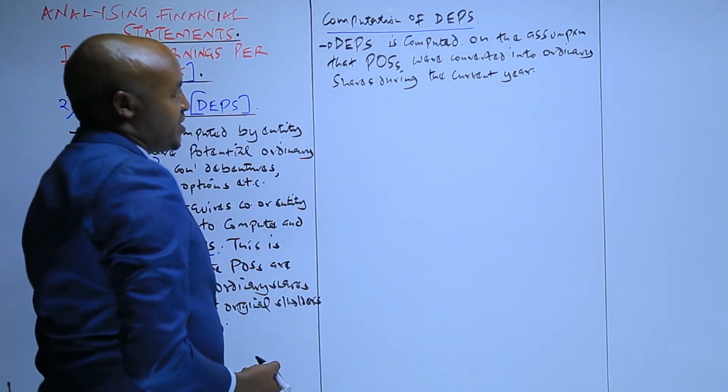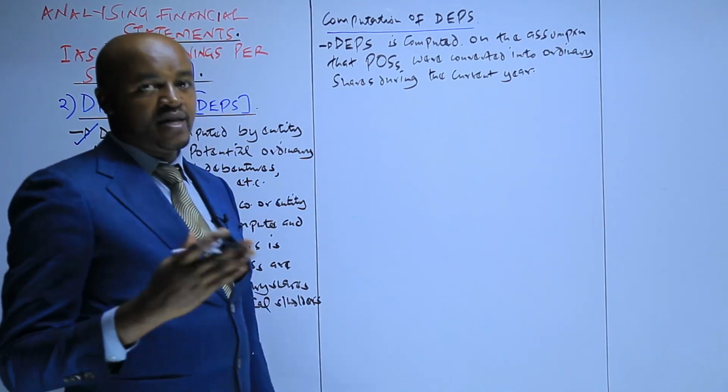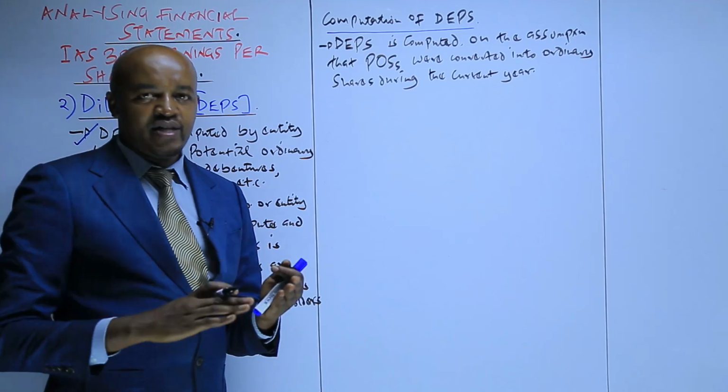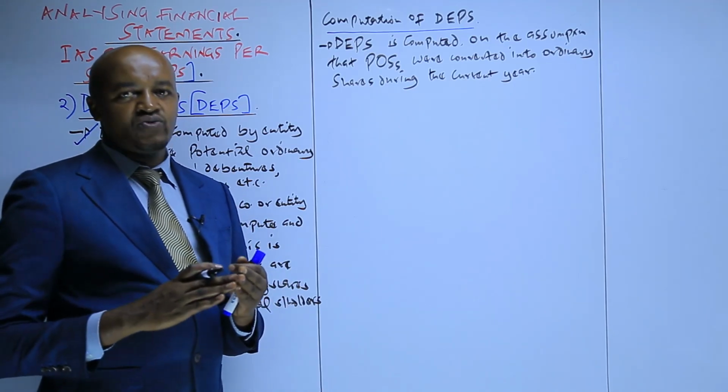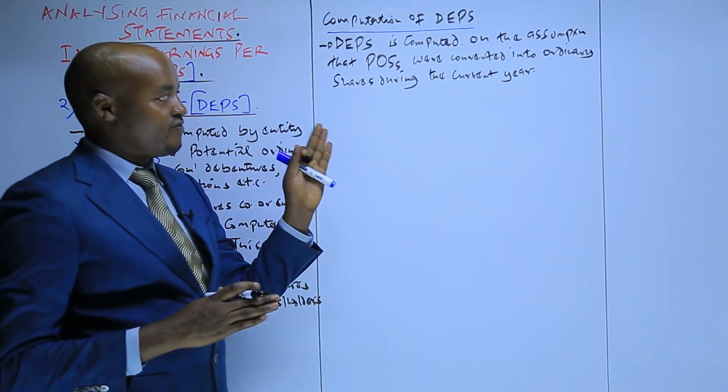And once that particular assumption is made, then I've said that we need to ascertain, or basically an entity will need to ascertain the implication of that.